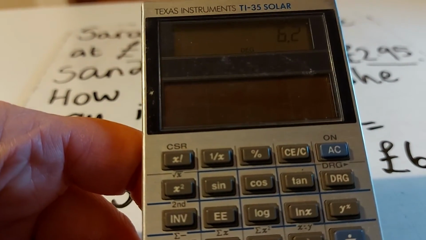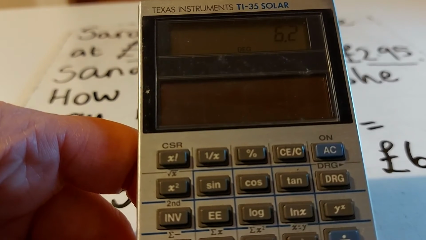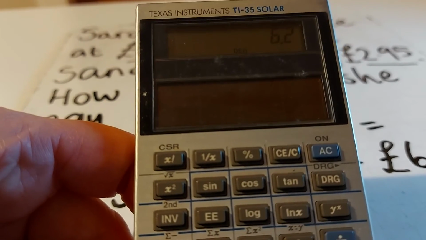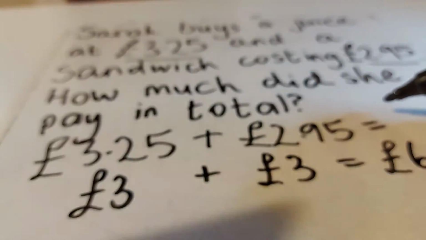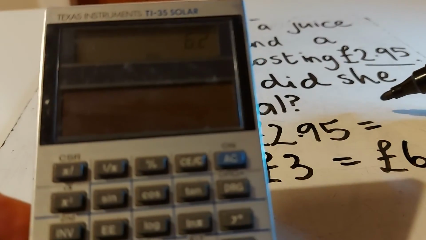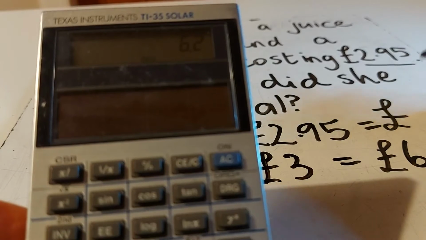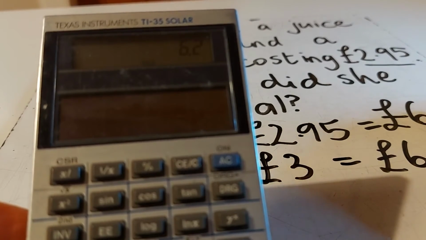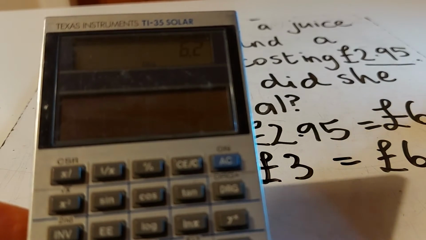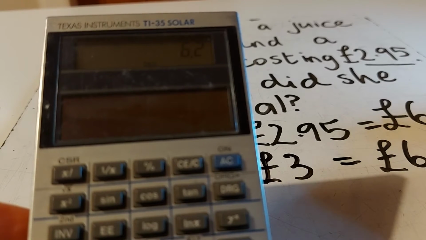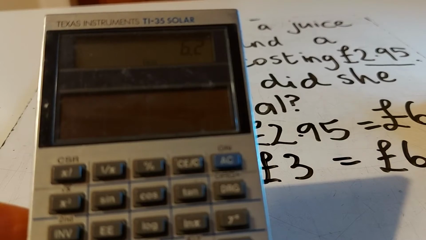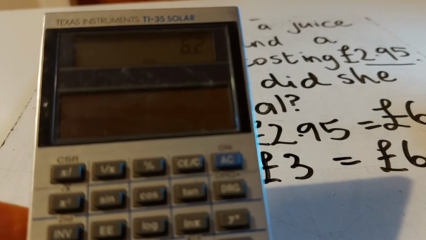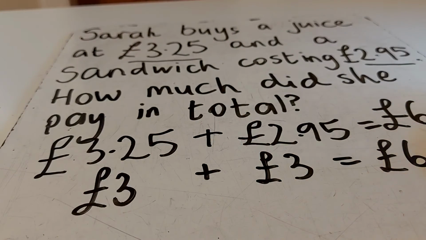Now that's rather a strange number, isn't it? 6.2. It's because we need to put 0 in as a placeholder. So if we draw our pound sign, we put 6, we put the decimal point in, and then we put 2. It means we have £6 coins, we have 2 10p, which makes 20p, and then we put the 0 in as a placeholder, £6.20.